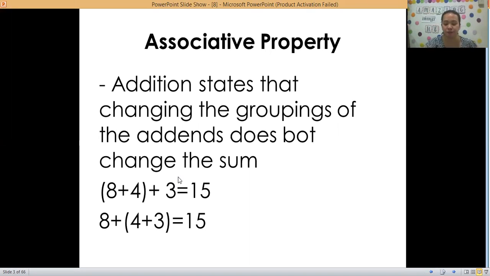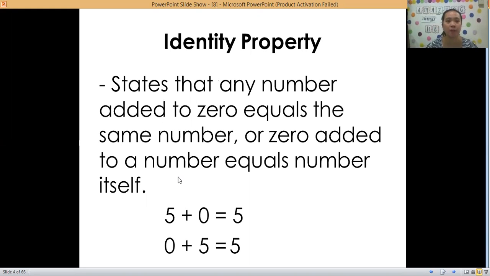Okay? Next, the last one is the identity property or the zero property. It states that any number added to zero equals the same number, or zero added to a number equals the number itself.